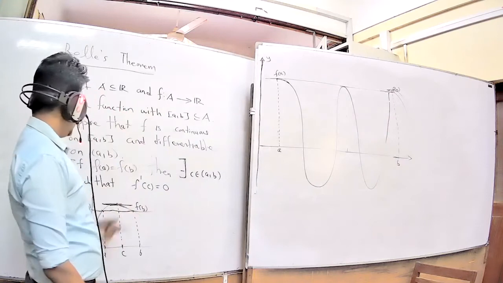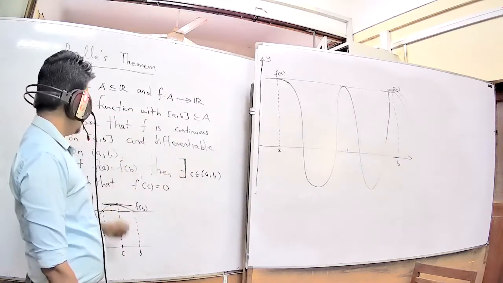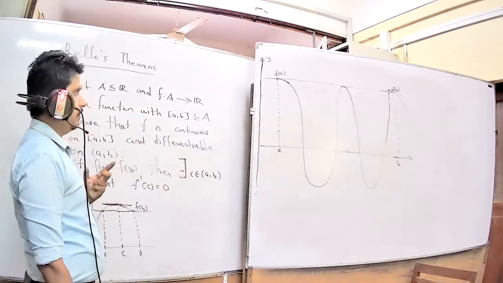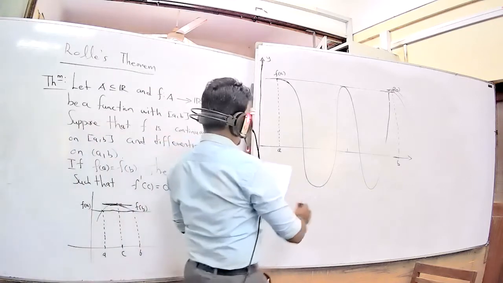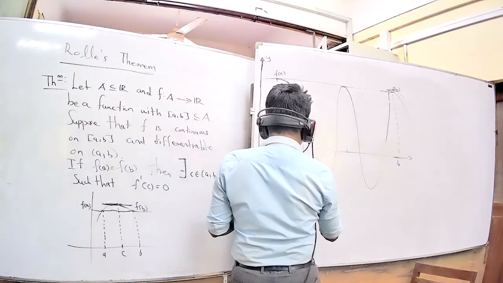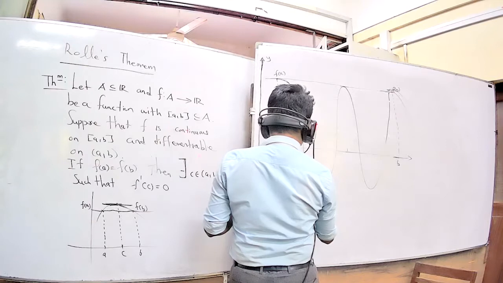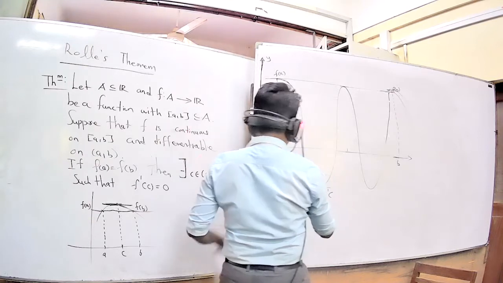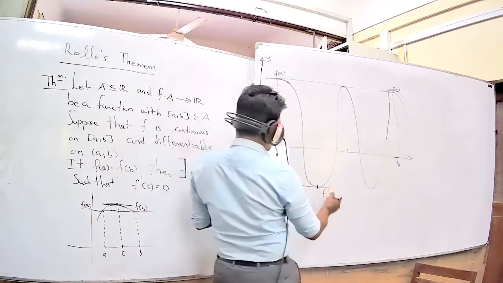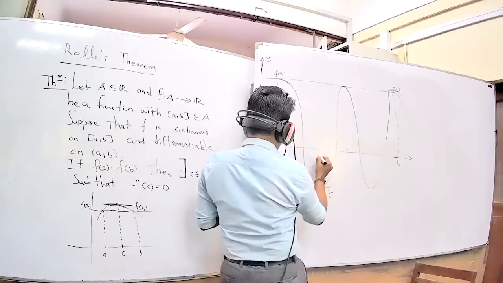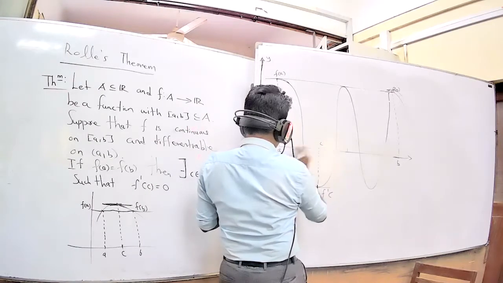In this case there is at least one c. But here there are so many values. You can assume that this point is c1.